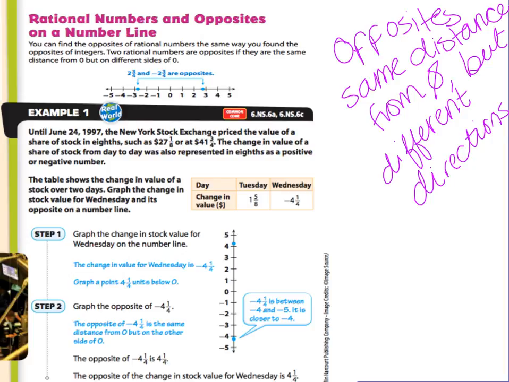So if it's 1.5 away from 0 this way, then the opposite is going to be 1.5 away from 0 this way, so it'll be negative. So the fact that it has fractions, again, does not change the idea that if it's a positive, the opposite is going to be a negative. Okay, and so here they give you the example listed on the table. I'm not going to go through that because I feel like we understand opposites pretty well. And we understand that if it's, again, 1.5 away positive, then the opposite has to be 1.5 away but negative.